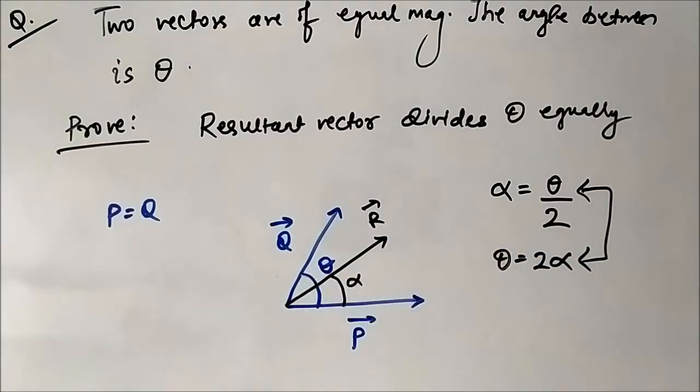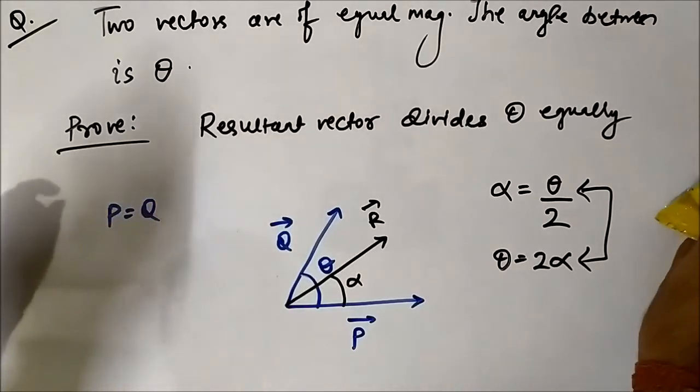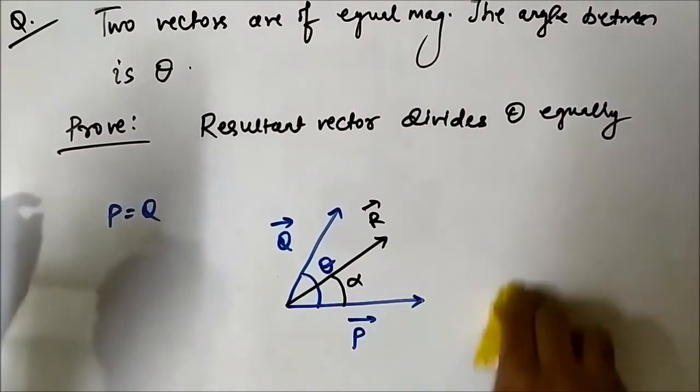As all the discussion revolves around angle, the formula for the angle of the resultant vector will come into play.